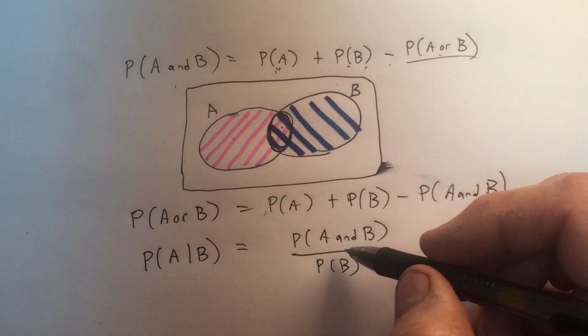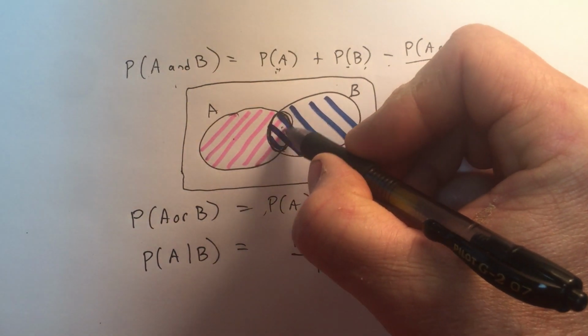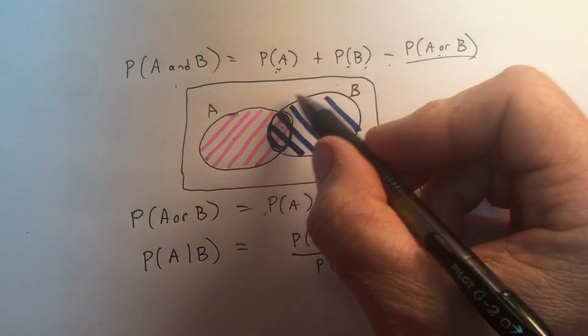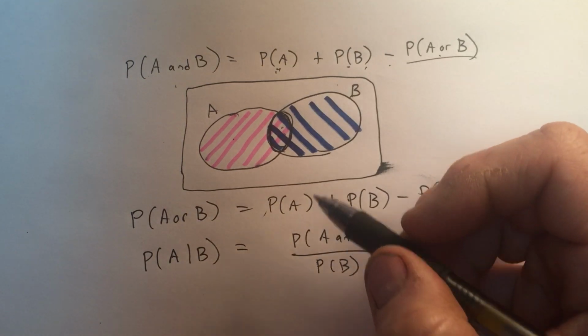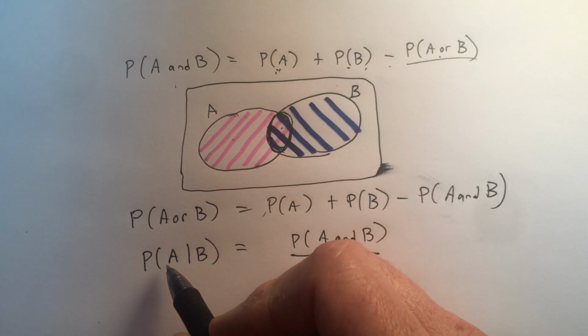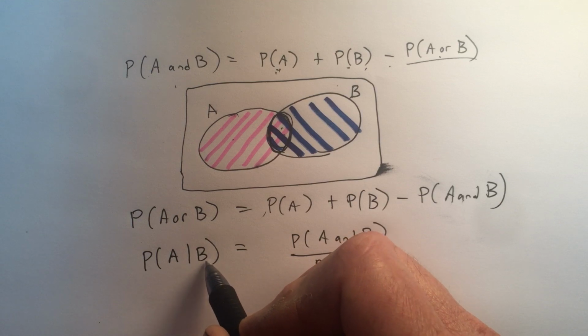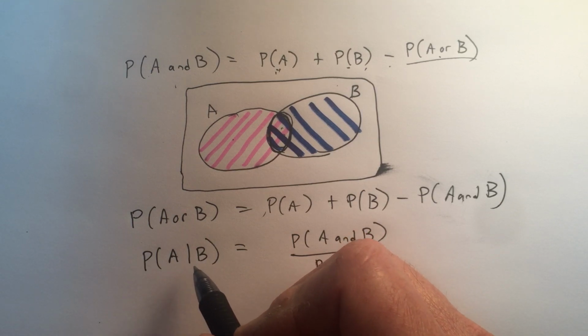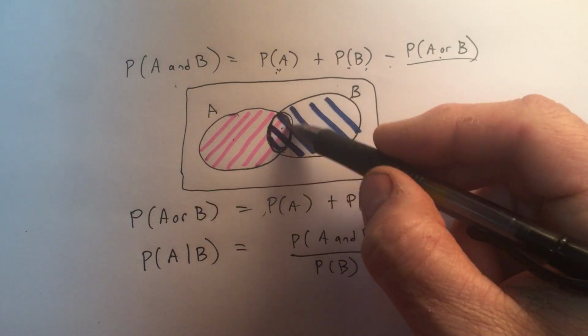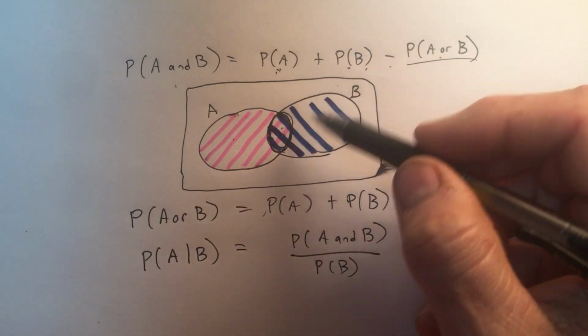So that's going to be the probability of A and B, which is just this part right here, divided by the probability of B, which is this whole thing. We know it's got to be in B because it's given that B has happened. So it's the probability of A given that B happens, which would be just A and B divided by the probability of B.